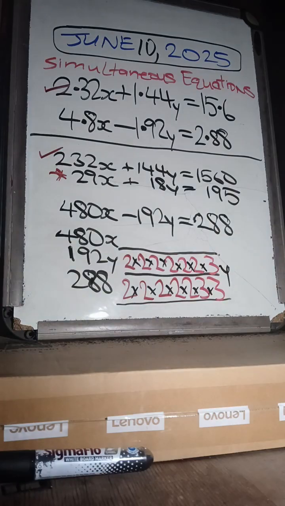And then what's the last thing now? Okay. So let me try to make sense of this now. 480, which is 12 times 4 times 10.